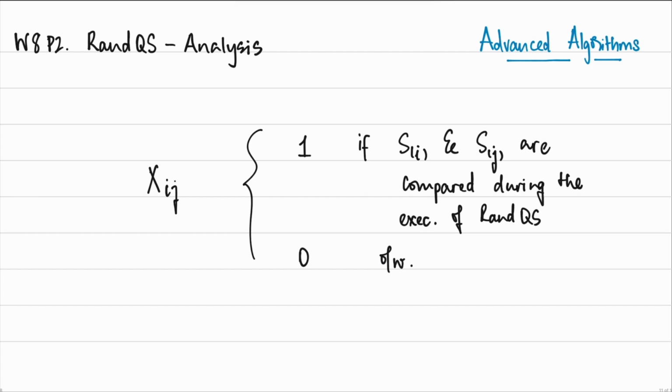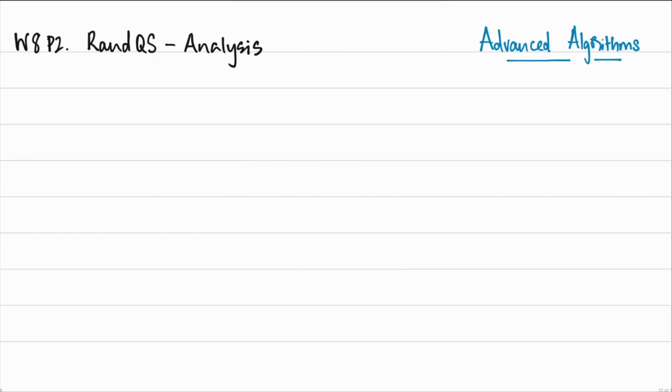So I want to know if the ith ranked element in S was compared with the jth ranked element of S or not in a run of randomized quicksort. So Xij is 1 if the comparison happens, and it's 0 otherwise. And notice that we can capture the total amount of work done by simply summing over these Xij's.